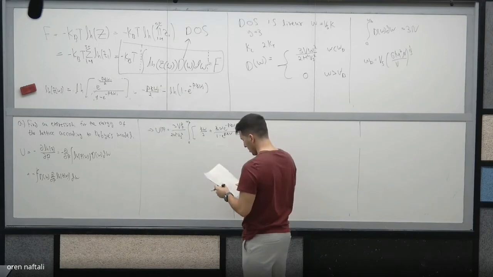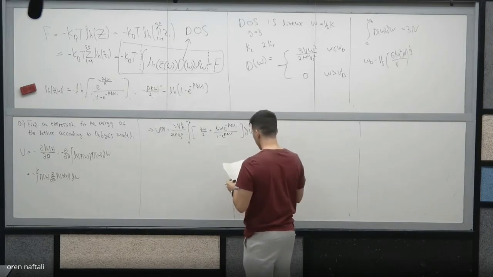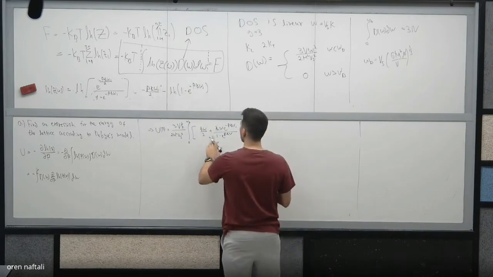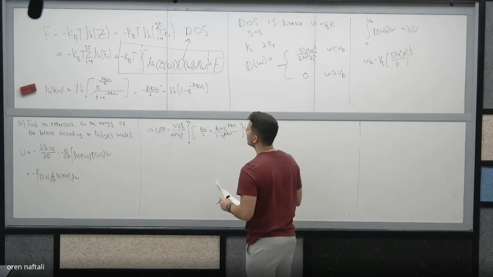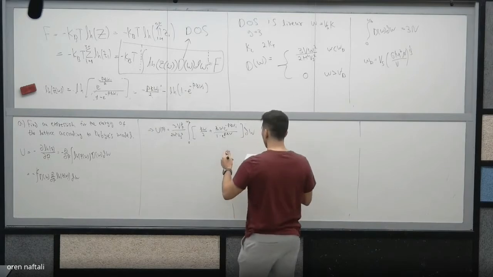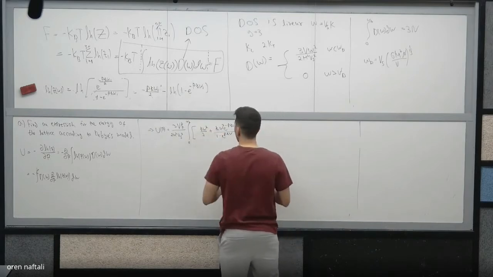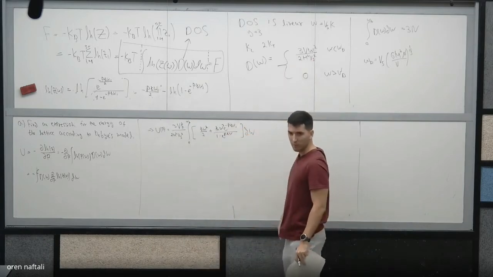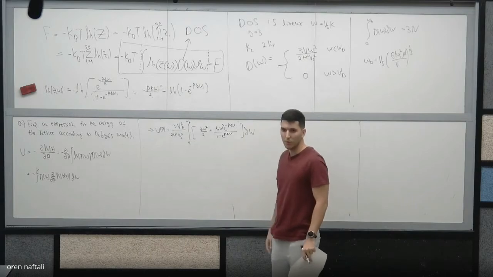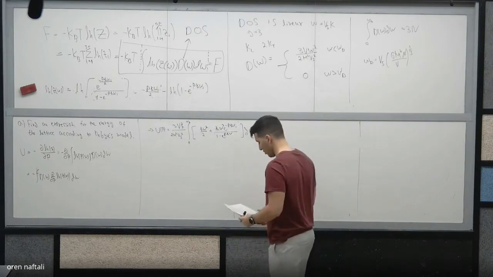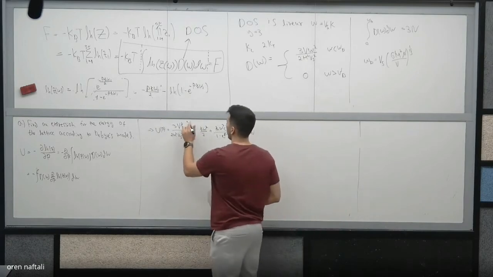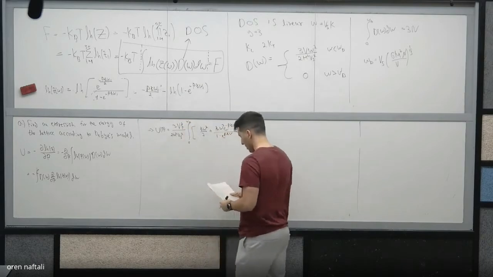And then we need to multiply this by, yes, that's it, because the density of states is omega squared. Okay. Did you all follow? Okay, so now this is the integral over omega.